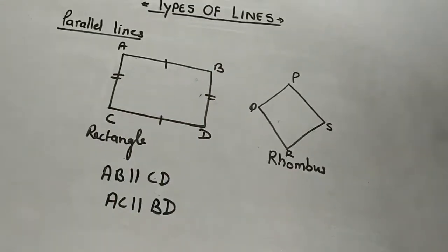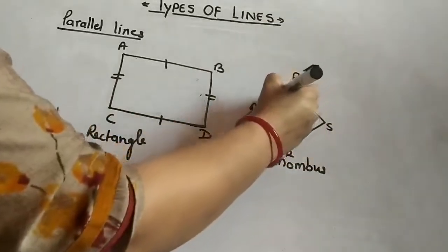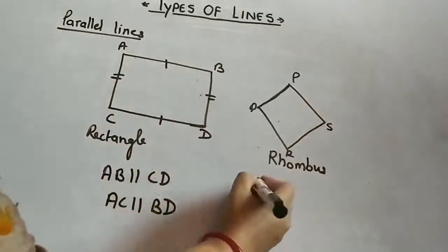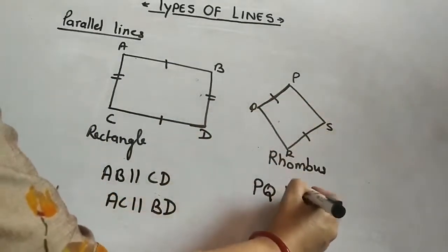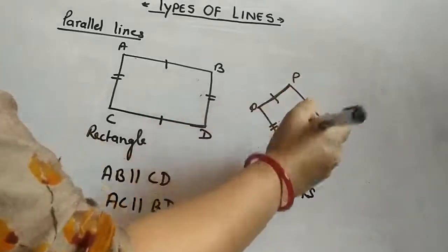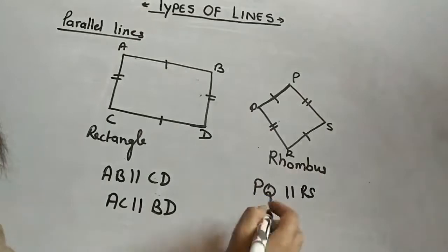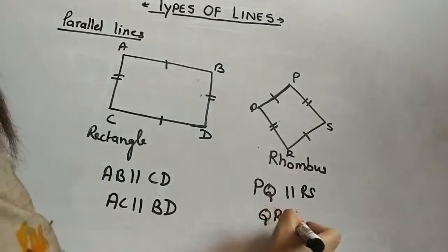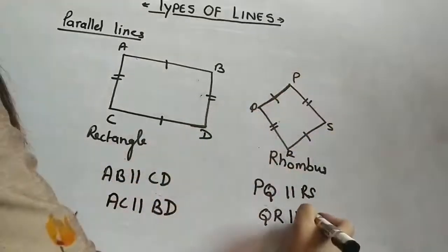Next example, rhombus PQRS. This PQ is parallel to RS. QR is parallel to PS.